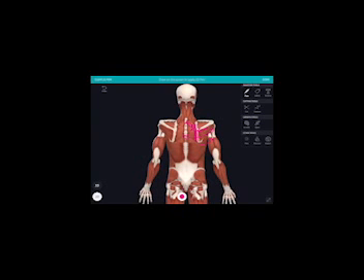And if the rhomboid is stronger, then the scapula will move this way, which is a little bit less common. So to have a nice positioning of the scapula, the resting position is important for our upper extremity function.